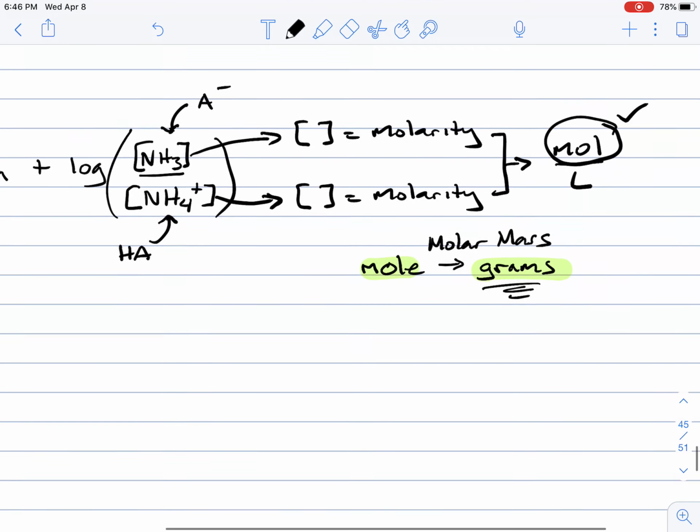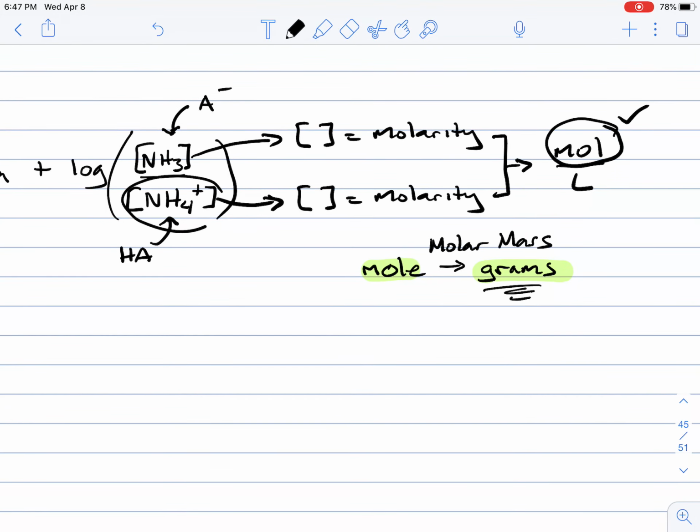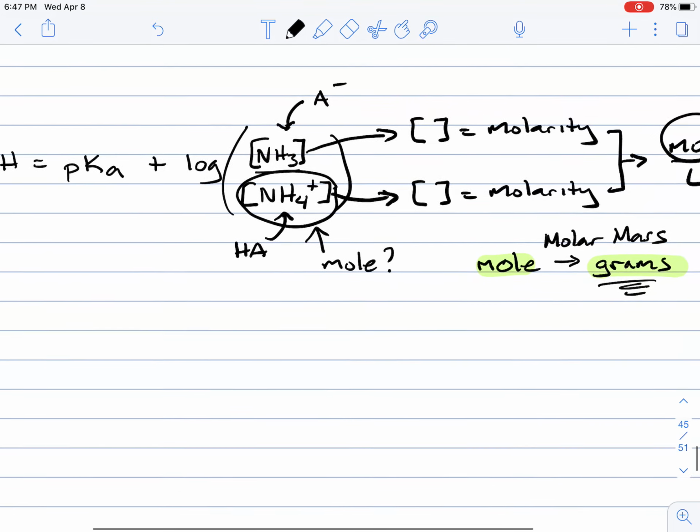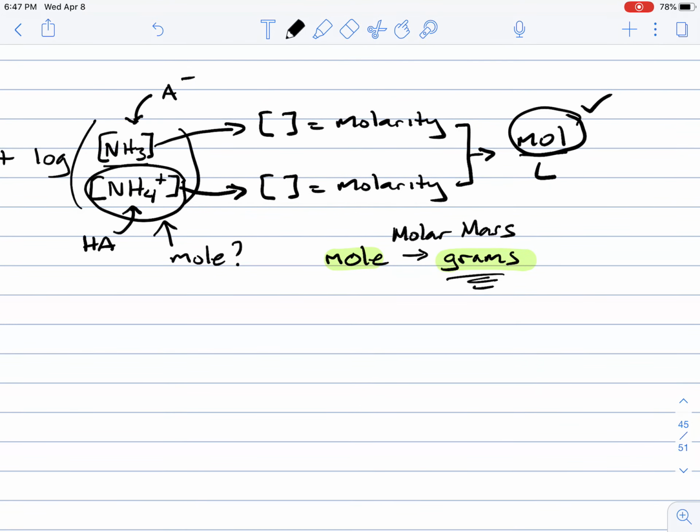In other words, if I can get the moles of ammonium by using this Henderson-Hasselbalch equation, then I can go ahead and use molar mass as a conversion factor to express that value in mass units, specifically grams. And so the question now becomes, how do we express this bracket in moles?